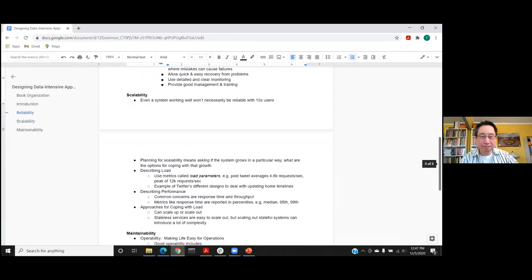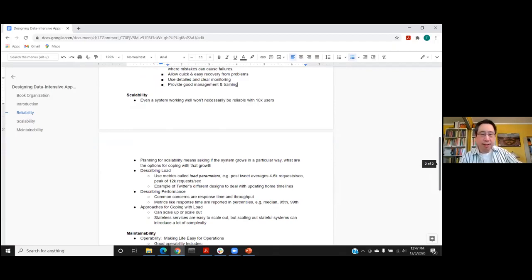Okay, so let's talk a little bit about scalability. Any system, even if it's working well, if you have 10 times as many users, 10 times as many requests, whatever, things are not necessarily going to continue to work the same, right? And so I thought the author had an interesting definition.